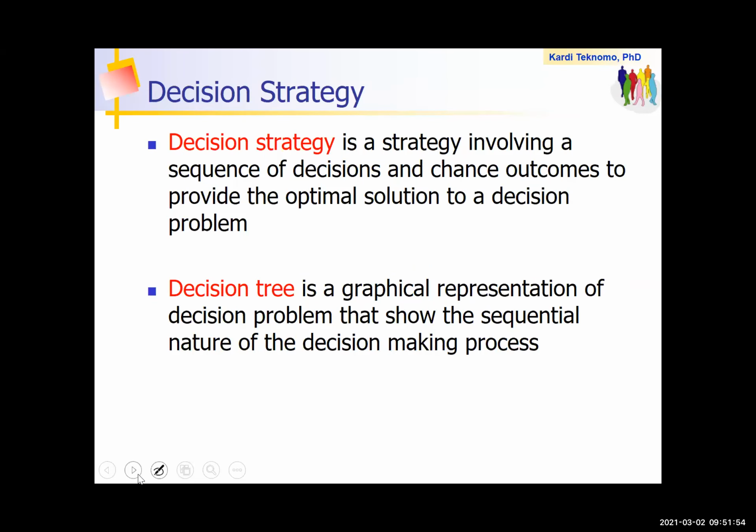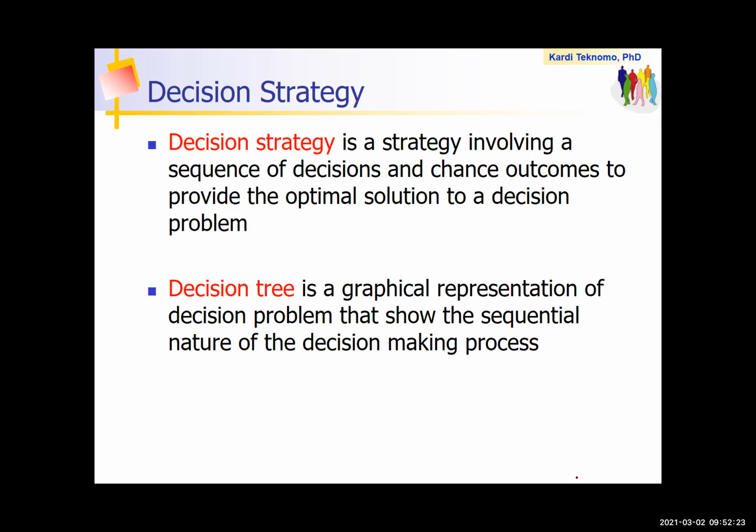Now, sometimes you will decide not only one type of decision, but you may have a sequence of decisions, right? Then you want to ask, what is the path of decisions that is actually the best? So in this case, you will create what is called a decision tree.